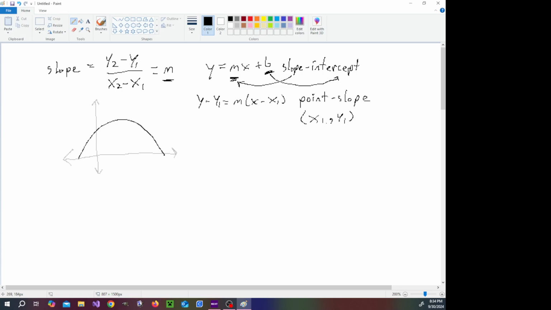And maybe I want to talk about the rate of change from this point to this point. And I say the average rate of change is given by this idea of the slope, right? If I make a line that goes between these 2 points, then I can make a secant line.